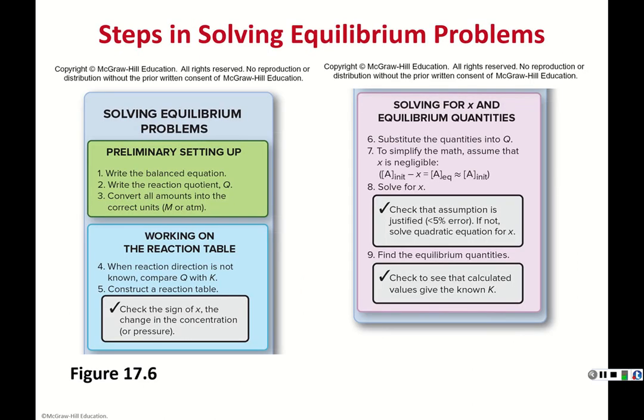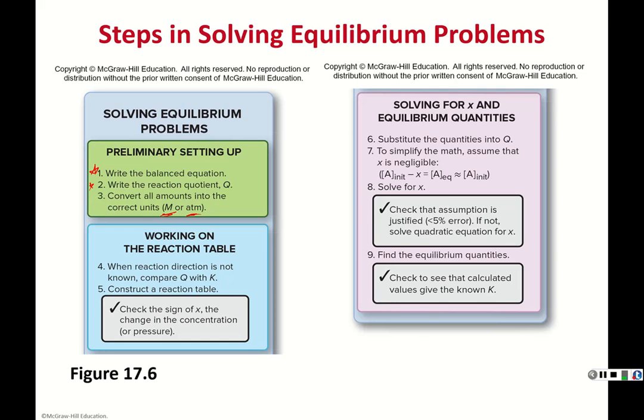Okay, this slide just summarizes the steps in solving an equilibrium problem. First and foremost, you need to write the balanced chemical equation. You then write the expression for your reaction quotient, and convert all amounts into the correct units, either molar if you're doing concentrations or atmospheres if you're using pressure.